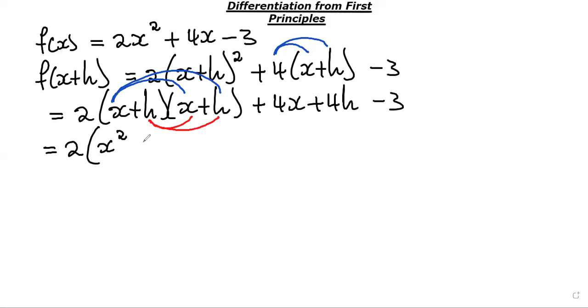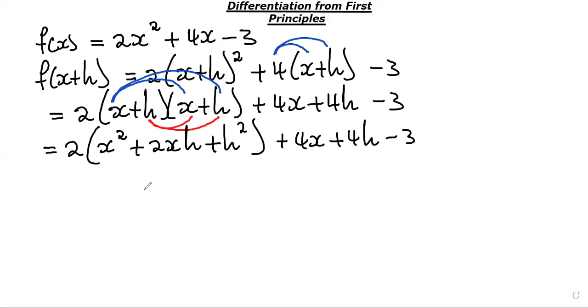X by h, it's xh. H by x, it's xh. Adding the two like terms together, we get 2xh. And then h by h, we get h squared. Of course, we still have 4x plus 4h minus 3.